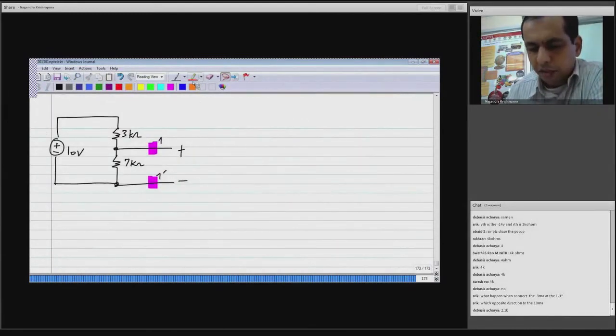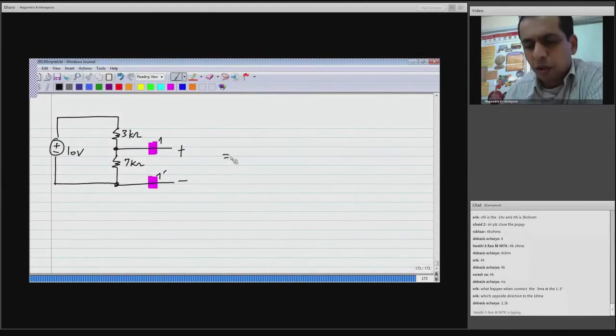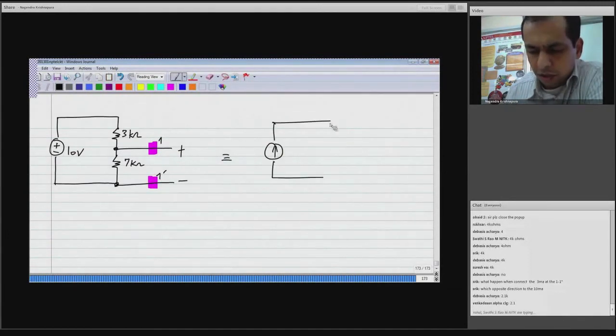So very quickly we will evaluate this. What would be the Norton equivalent? This has to be represented by a current source IN and a resistance Rn in parallel.